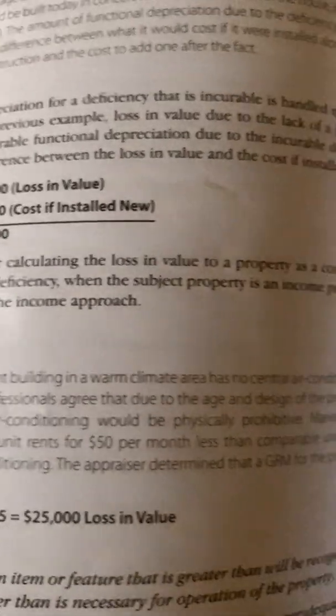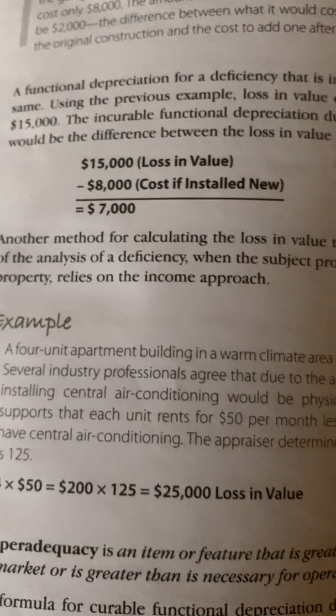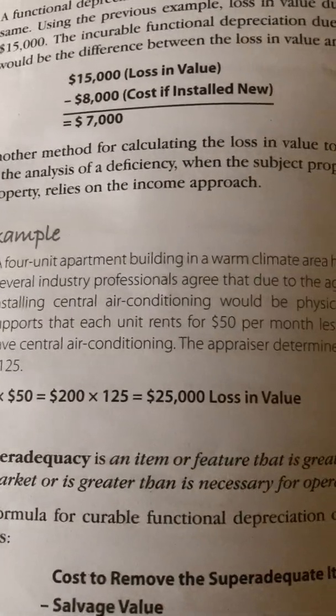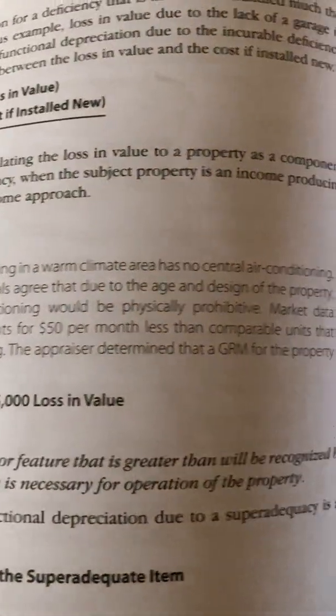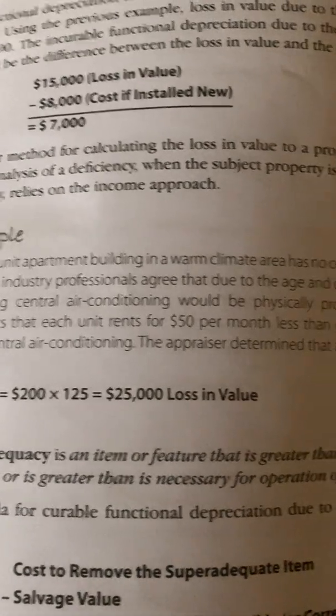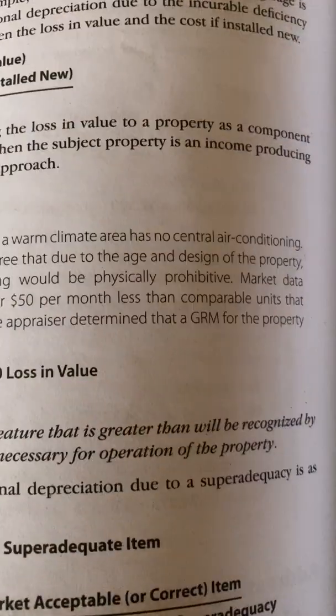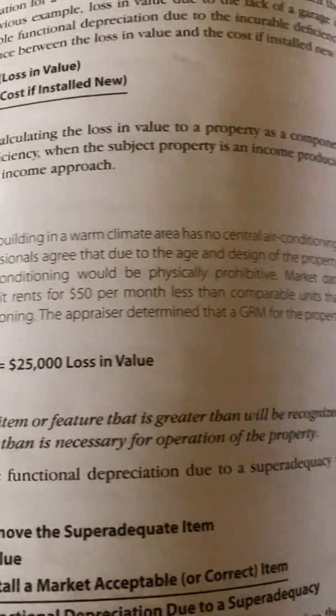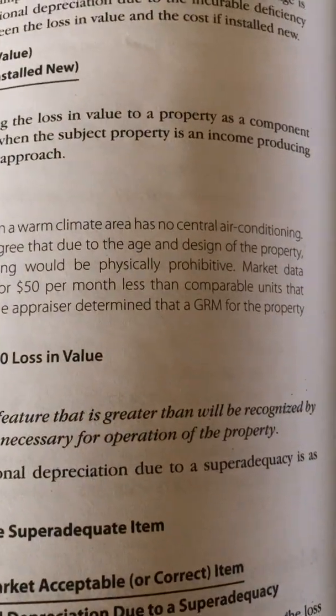Another method for calculating the loss in value to a property as a component of the analysis of a deficiency when the subject property is an income producing property relies on the income approach. Example: a 4-unit apartment building in a warm climate area has no central air conditioning. Several industry professionals agree that due to the age and design of the property, installing central air conditioning would be physically prohibitive.